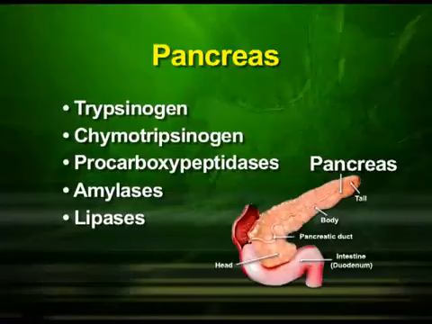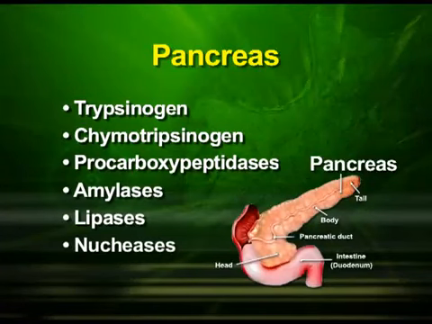So, it is a fat digesting enzyme, but there are more details about the digestion of fat and action of lipases, which we will discuss while discussing the liver and the bile. Nucleases, they will act on nucleic acids.